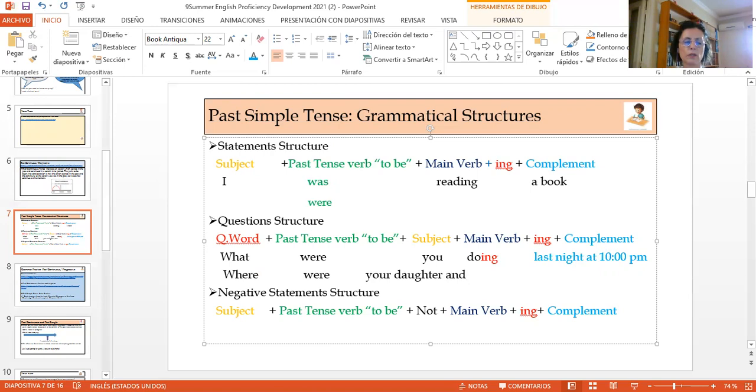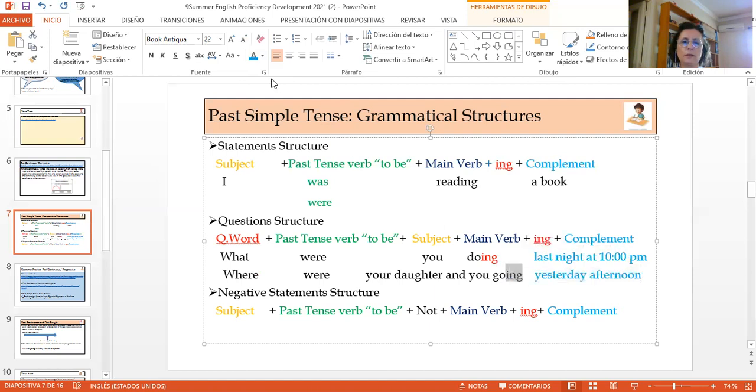Where were your daughter and you? Main verb going. Yesterday afternoon. Let's suppose I saw you walking in Linares. Where were your daughter and you going yesterday afternoon?